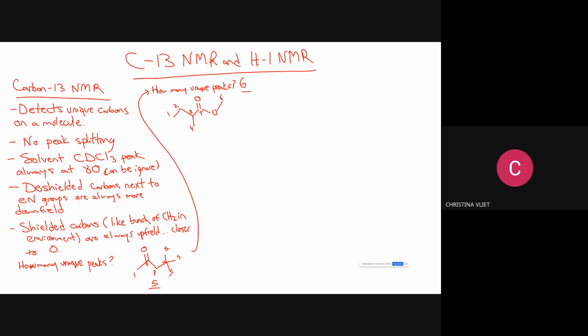I would expect the peaks from this carbon and this carbon right here, 5 and 6, to be the most down here. Those would be the ones you would find the most that way because they're the most what we call de-shielded. They've got the electronegative groups right around them. So shielding talks about basically that idea that you have a bunch of carbons that are protecting that group nearby. It's the same idea as the inductive effect, shielding and de-shielding.